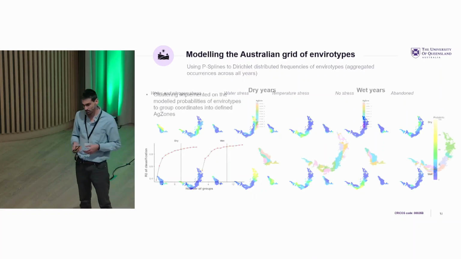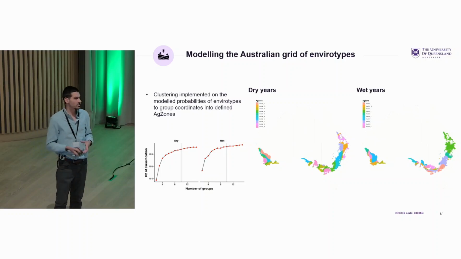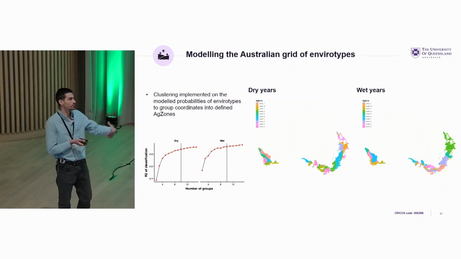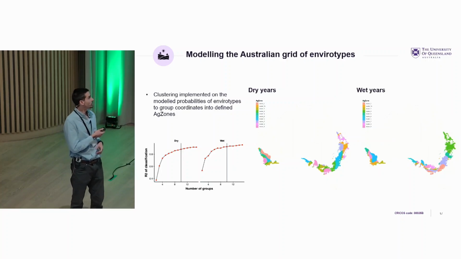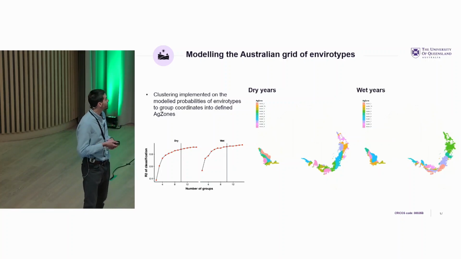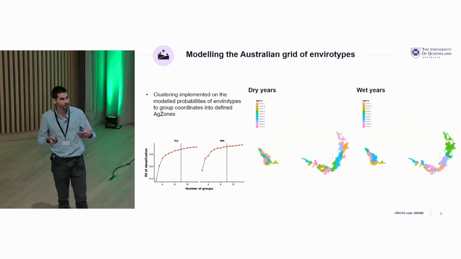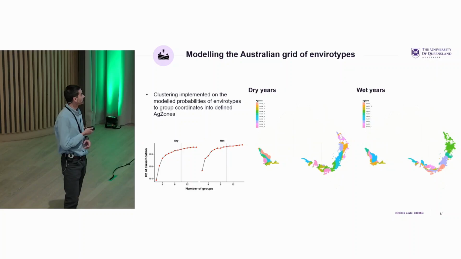The idea is then to potentially classify or cluster these probabilities into fixed geographical regions, across dry years or wet years, that can be given to farmers to make it easier to interpret what they can do at their given location.